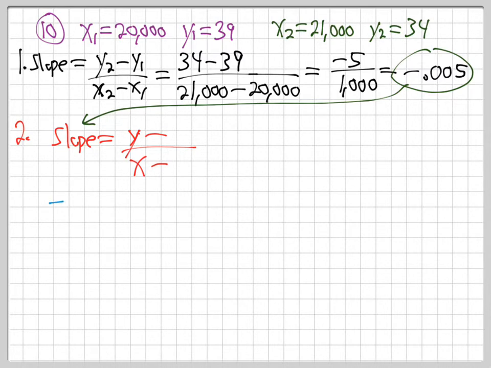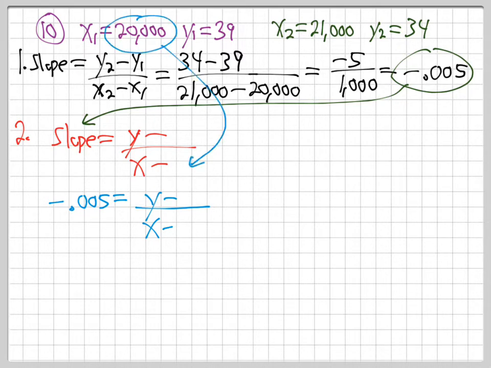So put the minus 0.005 here, y minus, x minus, and then just grab the first x value and put it behind x, and the first y value and put it behind y. And you know what to do from there. Take that decimal on the left and put it over 1.